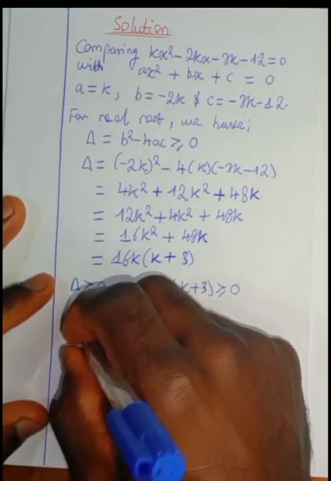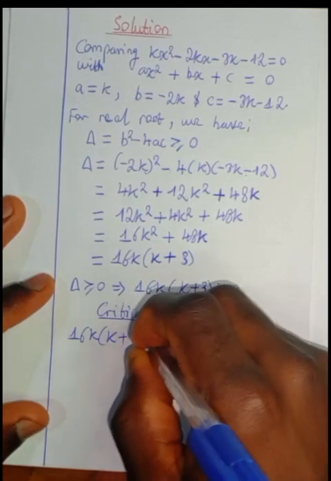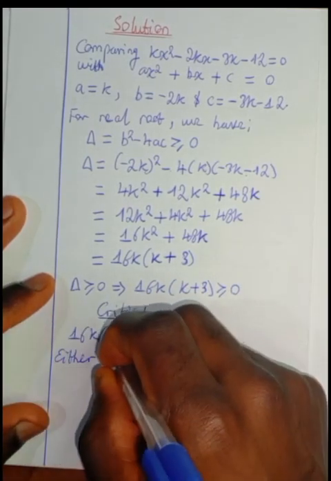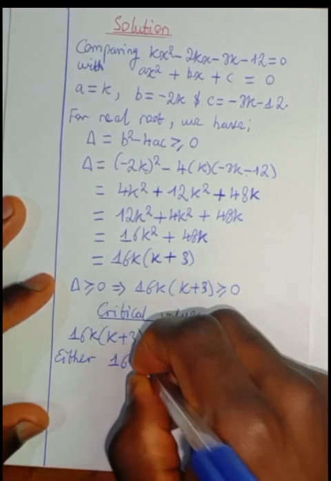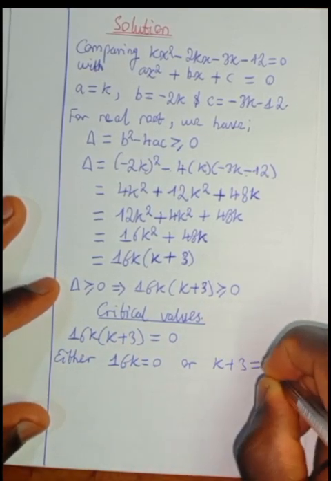We have 16k times (k plus 3), and we are going to equate it to 0. At this stage, either 16k is equal to 0 or k plus 3 is equal to 0.